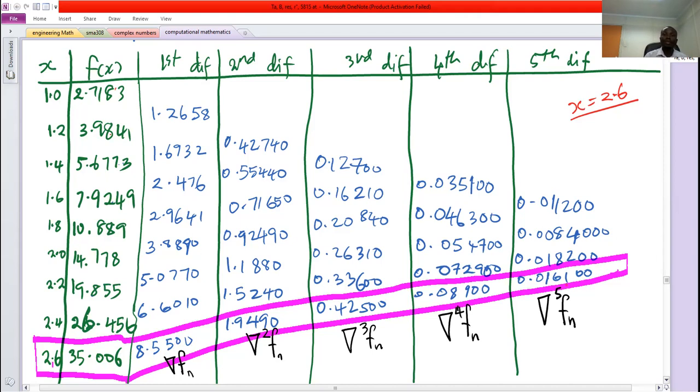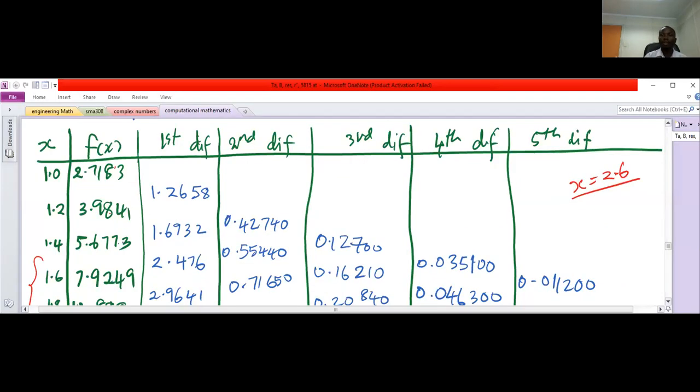And we'll be using Newton backward because 2.6 is at the bottom. If it was at the top, then we would be using Newton forward. And if it was a value around the middle of the difference table, then you either use Bessel or Stirling formulas to get a better approximation.